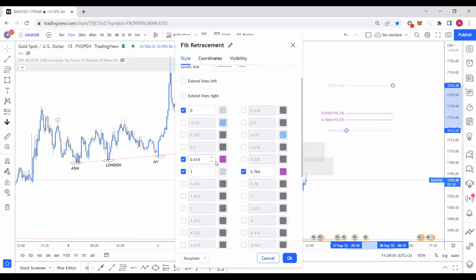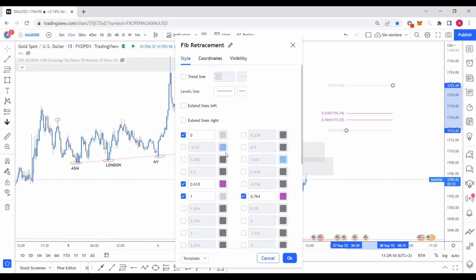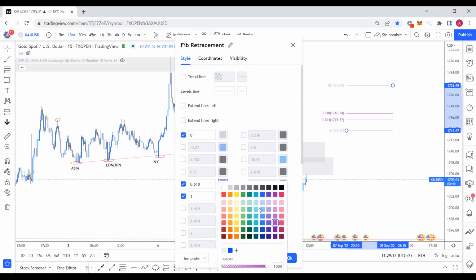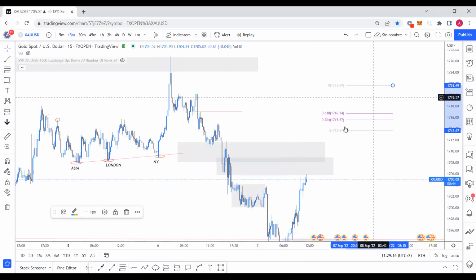These are the only two levels I use, well, and the 1 and the 0, okay, the 0% and the 100%. And yeah, these are the colors. If anyone wants to know the color, it's exactly this color. Just so you make sure, if you want to look at the graphs like I do, just make sure you use the same tools as I do. And yeah.